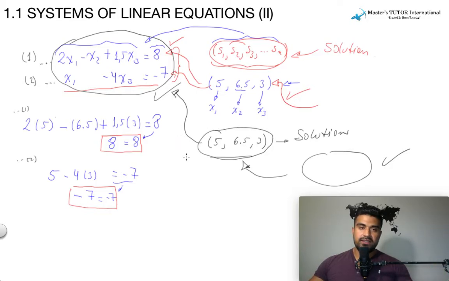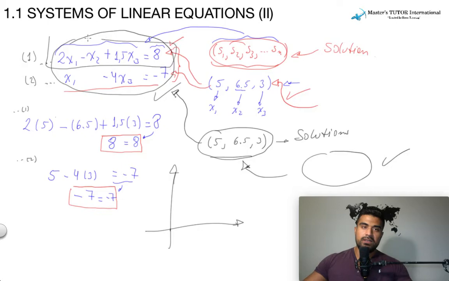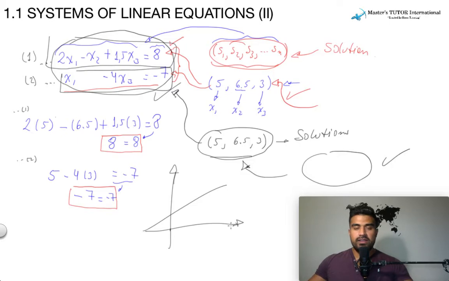But we can also see this in analytic geometry, by making graphs. These are equations of lines, so we can graph them as lines, and in this way we can interpret them and get an idea of what a solution of a system of linear equations is. This is a good approach for later when we will see matrices. Then you have an idea what the solution of a linear system means.